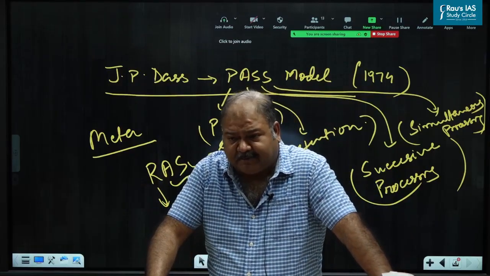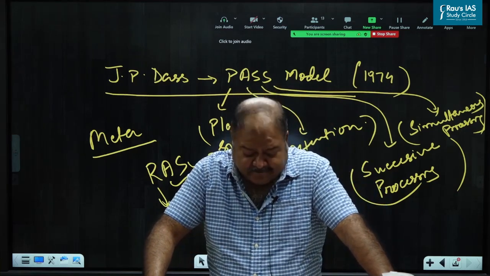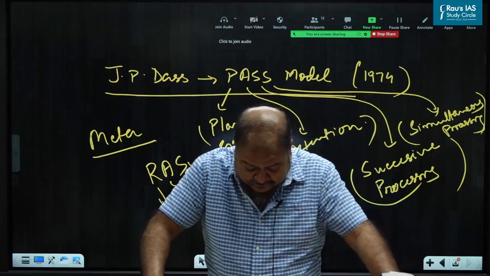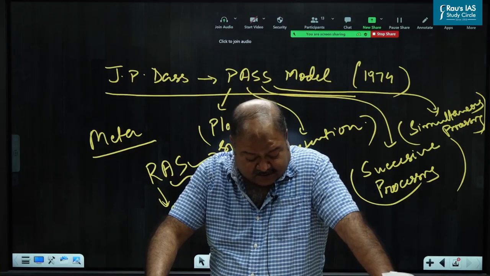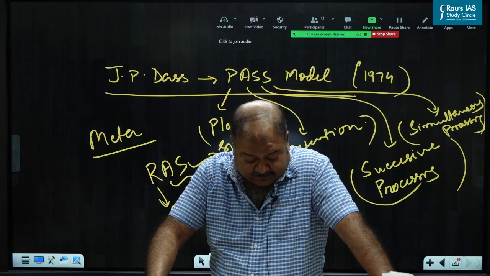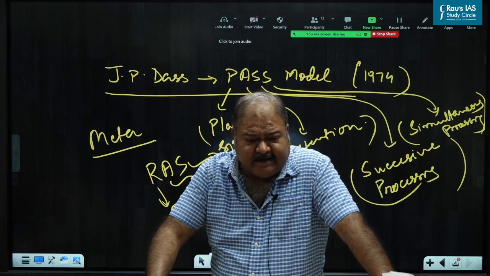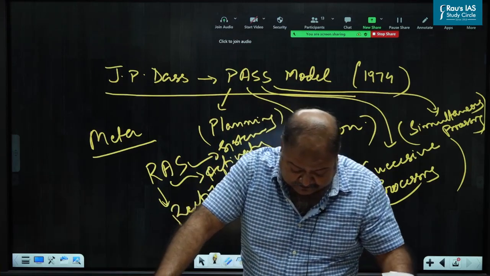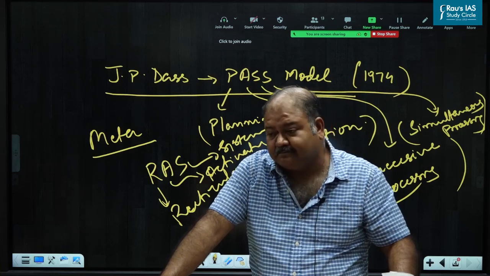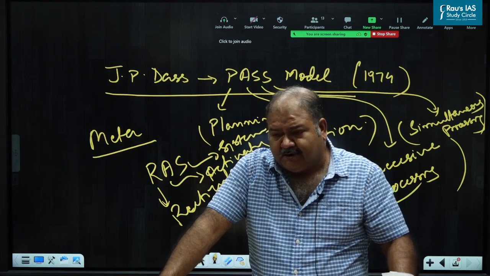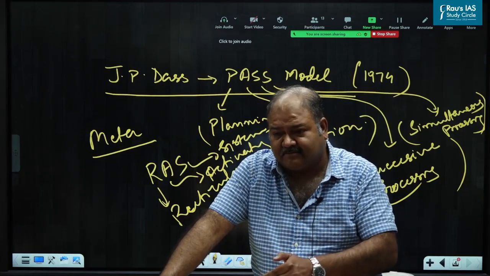Now coming to successive processing. Successive processing is a serial processing which is used while reading, writing, etc. To read a word, you have to process each letter in series.